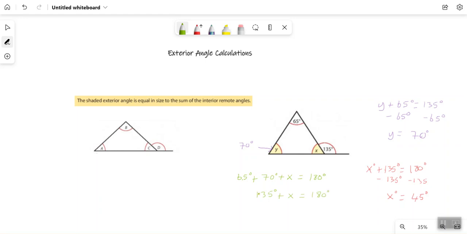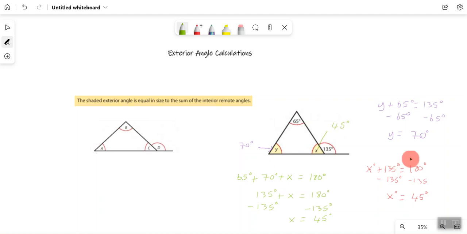Then I can work out what x is by minusing 135 from both sides. So minus 135 degrees, minus 135 degrees, and x is going to be equal to 45 degrees. Again, this value for x is 45 degrees.